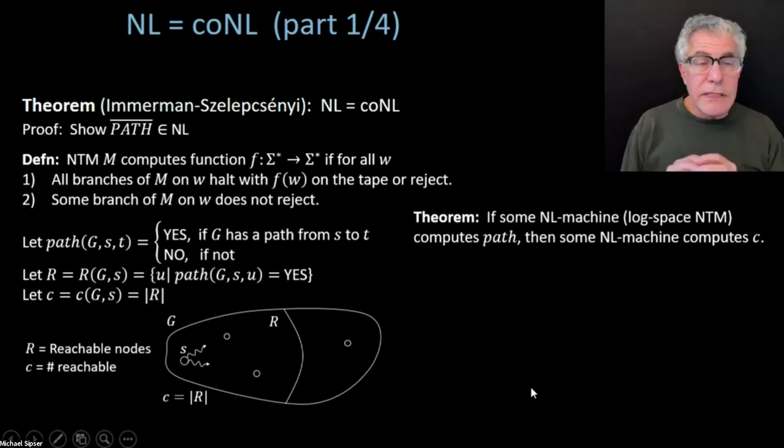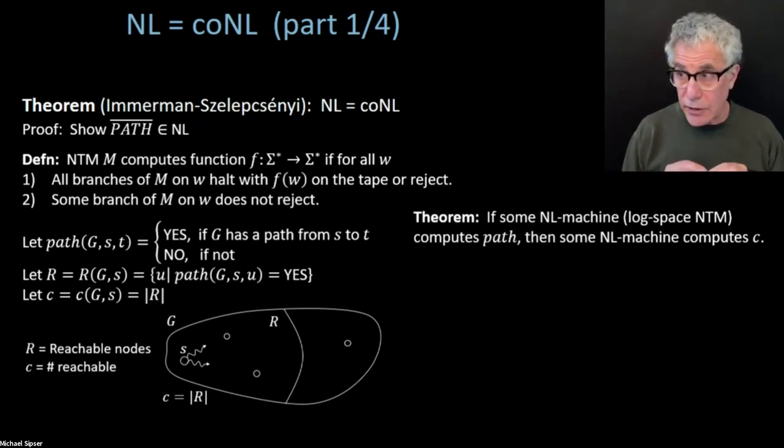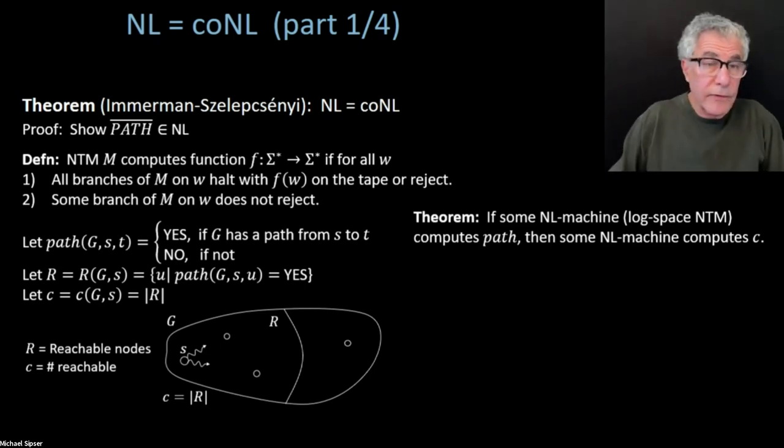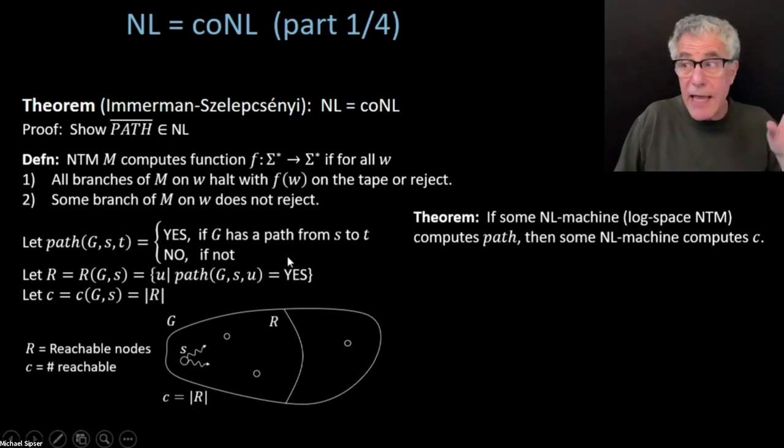Now, first of all, this is kind of an exercise theorem, but it's still going to be a useful fact that we're going to end up needing later. It's also a little bit of a test of your understanding. Suppose there's some NL machine which computes this path function.